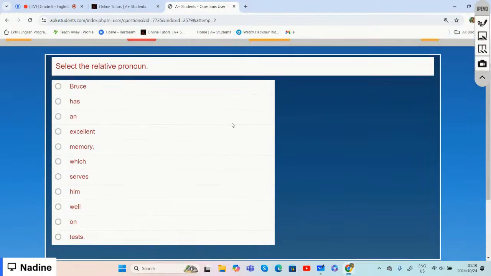It says Bruce has an excellent memory which serves him well on the tests. Which one is correct?